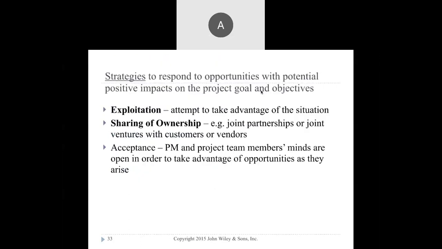And strategies to respond to opportunity with potential positive impact on the project goal and objective. So this is strategies to respond to opportunity, with a potential positive impact. Exploitation: attempt to take advantage of the situation, even though it's a risk. So you can put it as an advantage, where maybe you can reduce the work scope, or maybe you can get more budget, more money, you can request from the stakeholder.